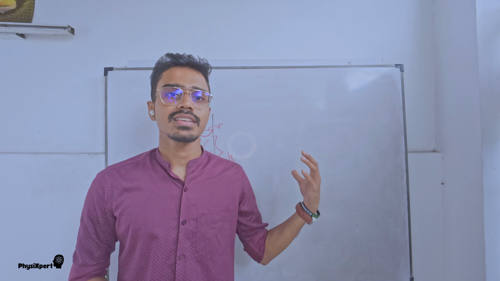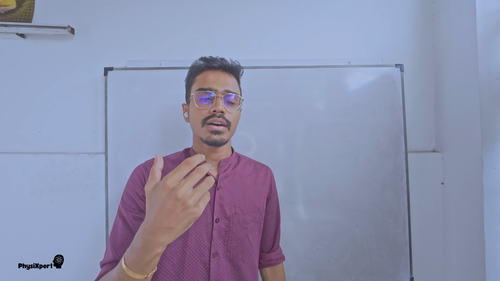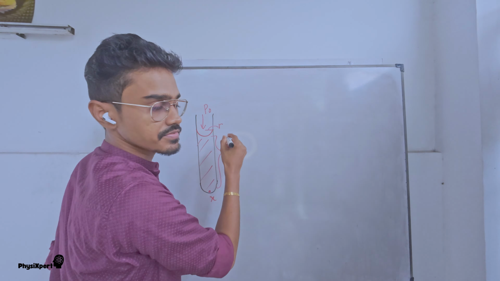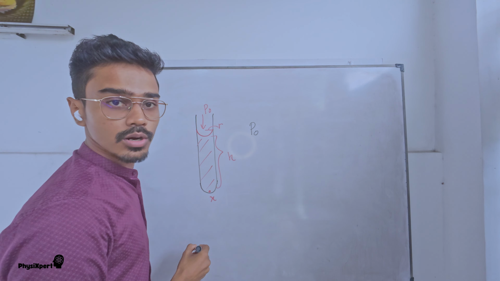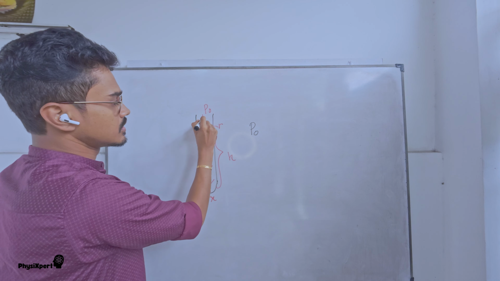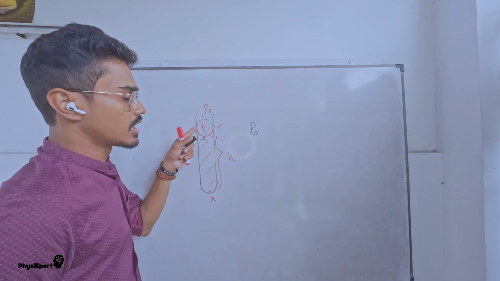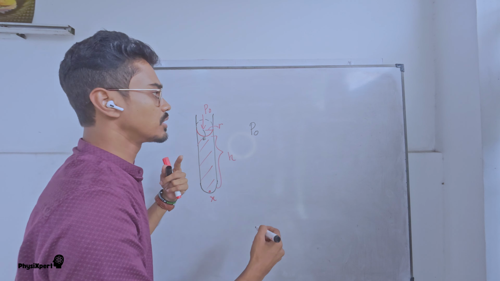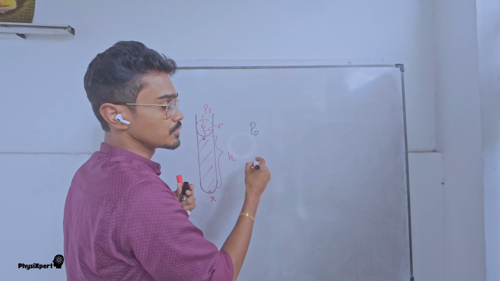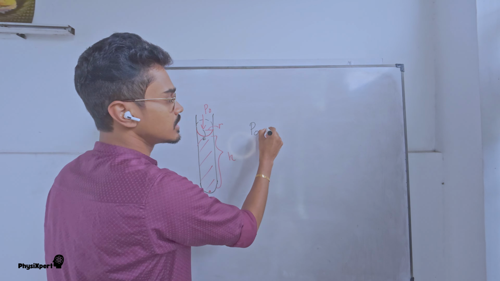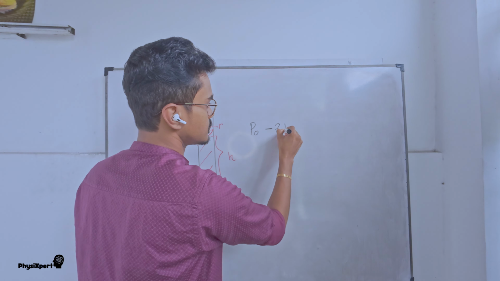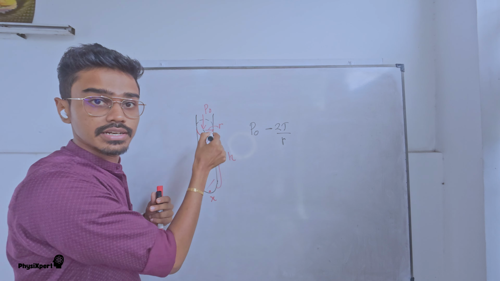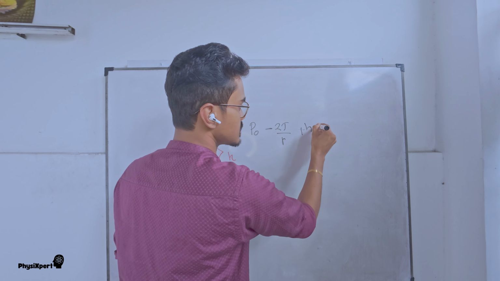As an example, this is how we can use this equation to write the pressure at a point. Let's write Px. Starting from the atmosphere, P naught. Here we have to cross this meniscus. I am crossing the meniscus from inside to outside, so from in to out, minus 2T over R. Now we have to come down the liquid a distance h, plus h rho g.